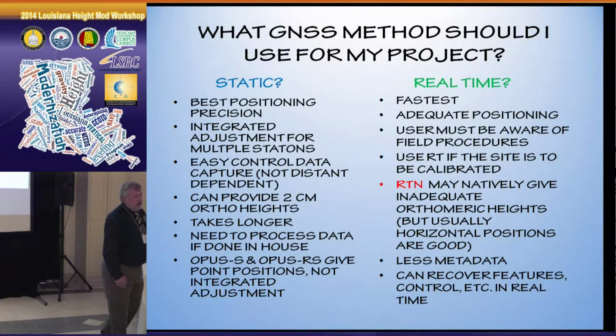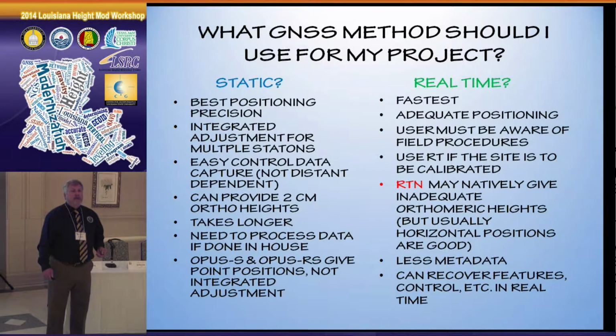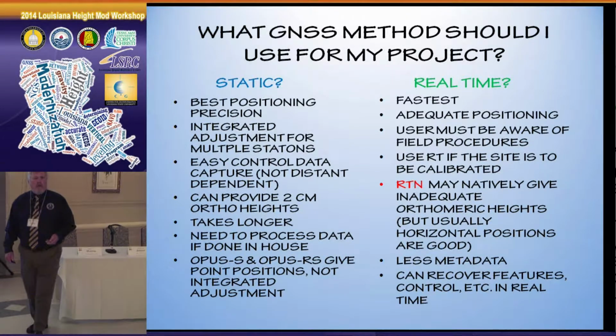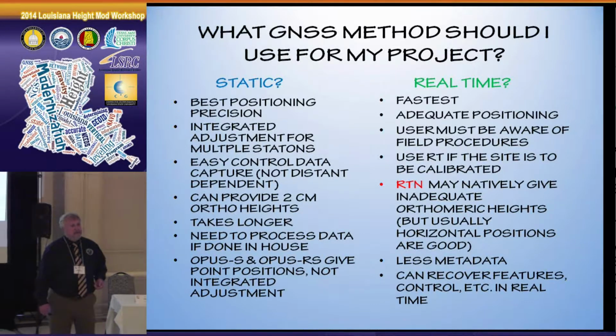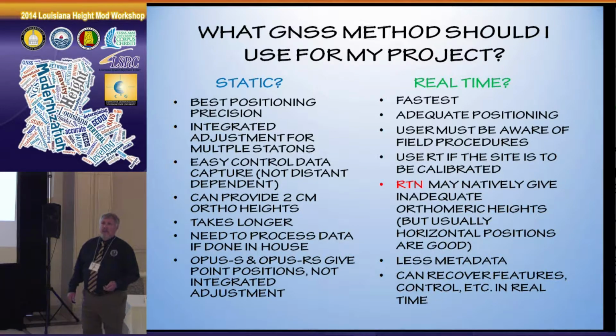So it's something that we do a lot of localization with. They might localize to local control. We have the good fortune to have relatively stable local control. In some areas there's some subsidence, not nearly as much of course as here. But we can localize to benchmarks or localize to horizontal points or both. So that's something we can do easily with real time and look at our residuals. So there's tools for either one.